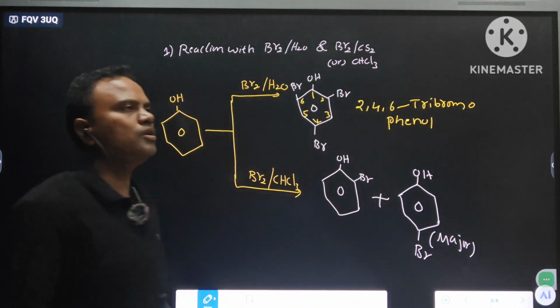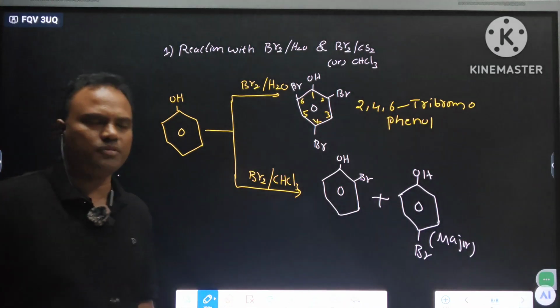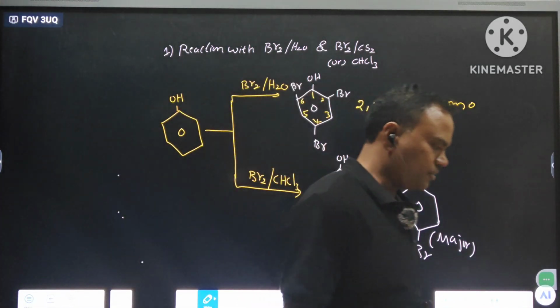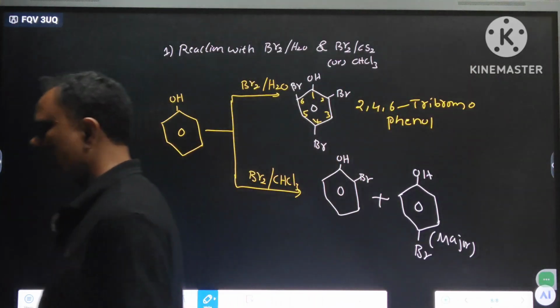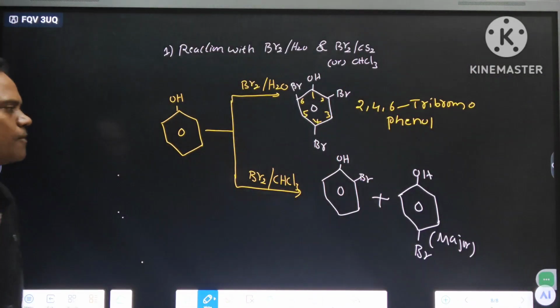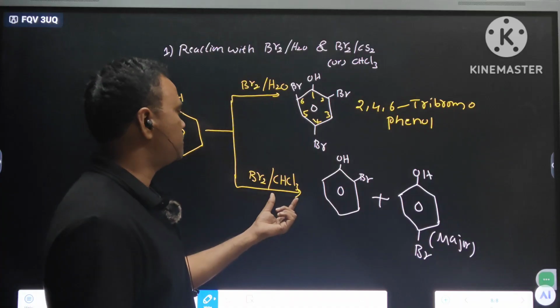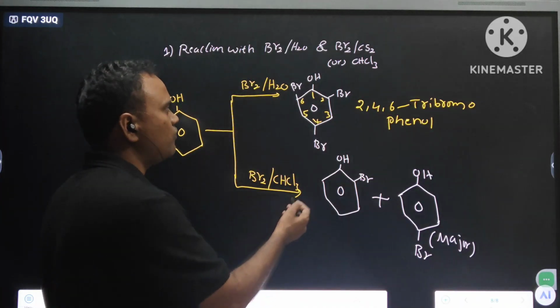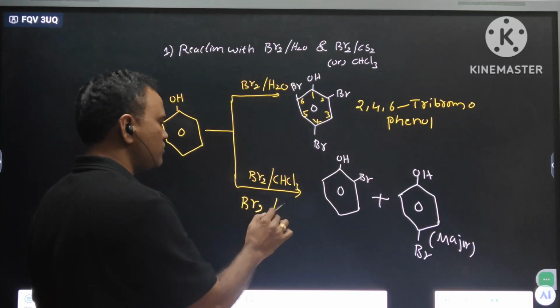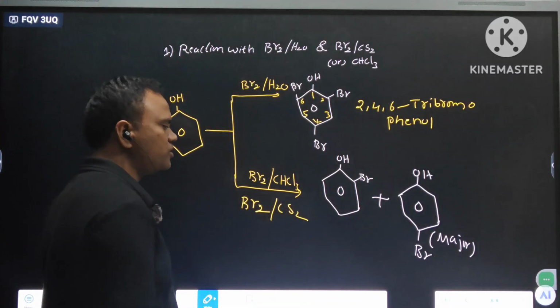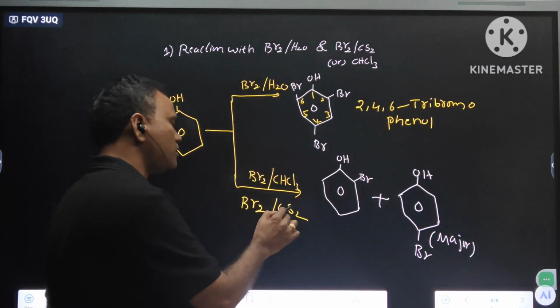Polybromination takes place. Right, when bromine is added in the presence of water, polybromination. With CS2, carbon disulfide, or chloroform, bromine in CS2, you can take like this also, monobromination takes place, non-polar solvent.